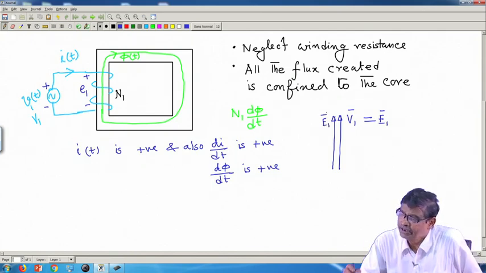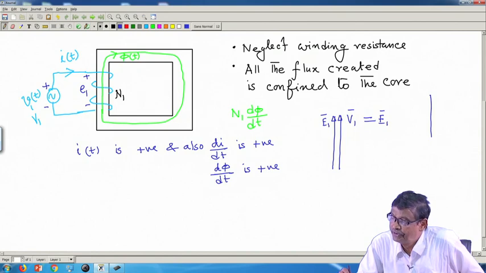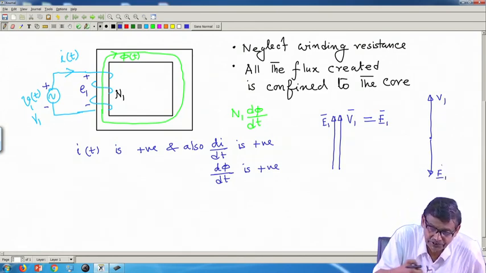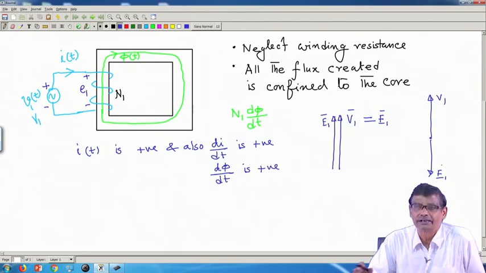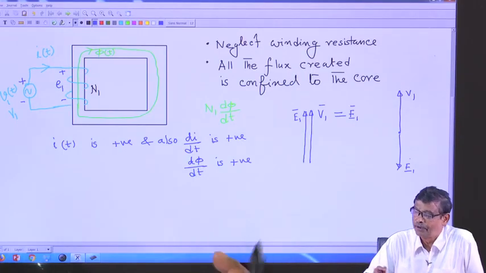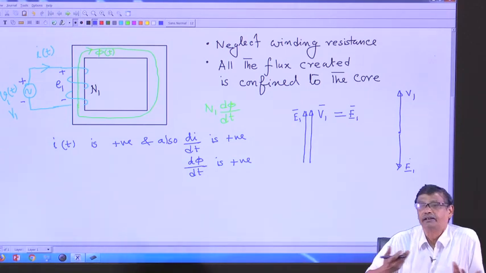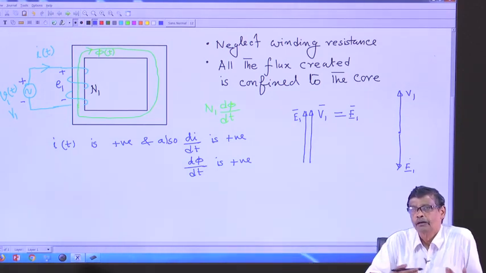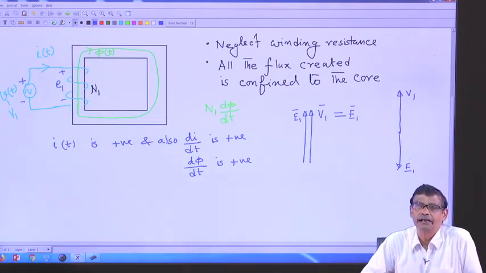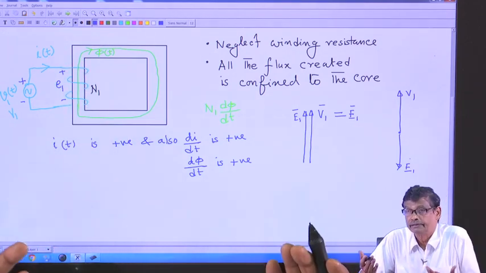In many books, they will show V1 like this and E1 in opposition to indicate that E1 acts in opposition with V1, but I will not do that, because I know a time phasor means, with respect to time, how V1 is changing and how E1 is changing. When V1 is maximum, E1 too will be maximum, and so on. So, they are in time phase.